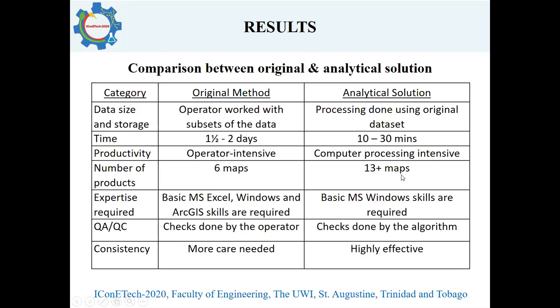And this was made possible because the analytical software could do more analysis on the maps. So at least 3 maps that were created were ratios and percentages, differences, and so on. Right, so you had some extra maps that were now being processed by the software, and these extra maps were being created as part of this routine.